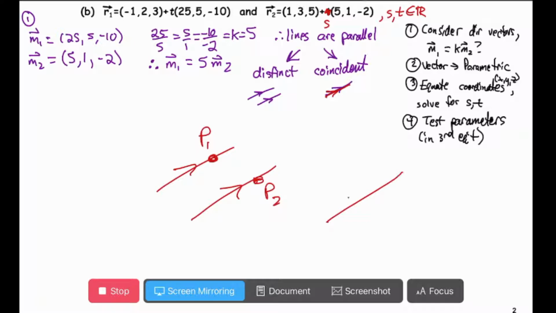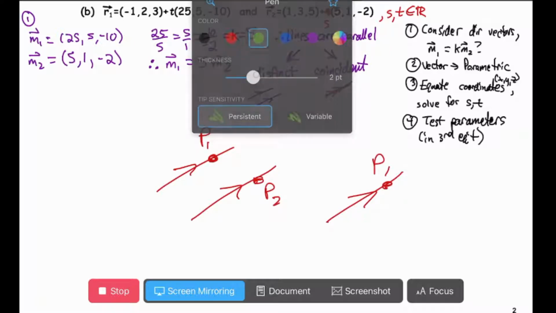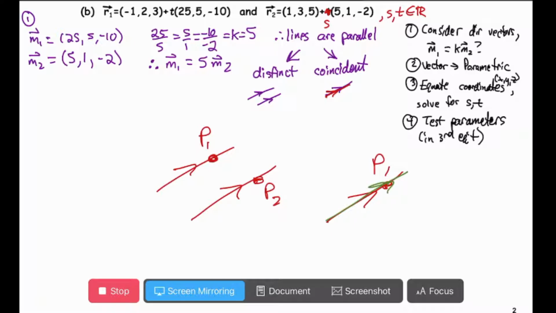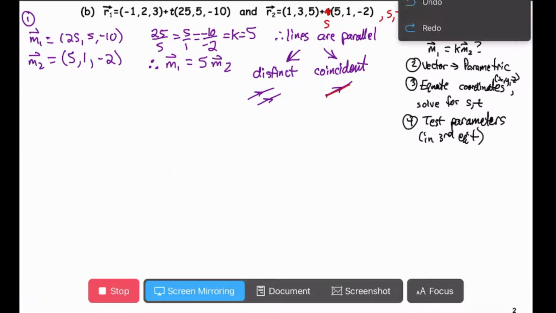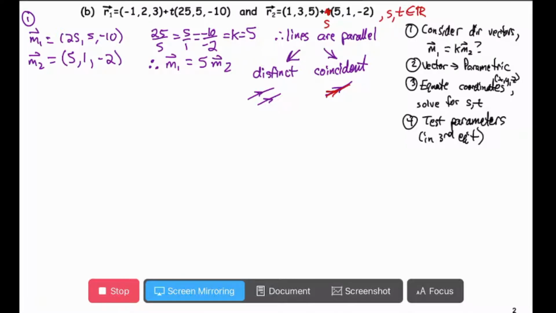But if they're coincident, P1 is here, and my next line comes through, it will cross that same point. So we're just going to choose a point from one of the lines and test to see if it lies on both lines. So we don't even need to follow all our steps from last time. We'll test a single point.